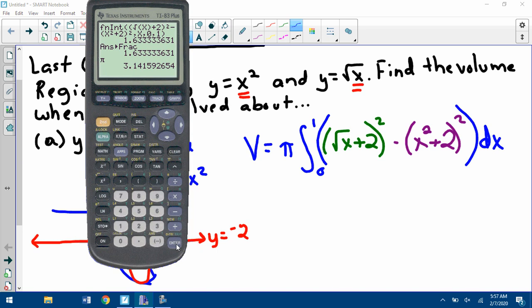Let's see what I can do here. We're going to multiply it by pi. Times pi. And we get 5.131.